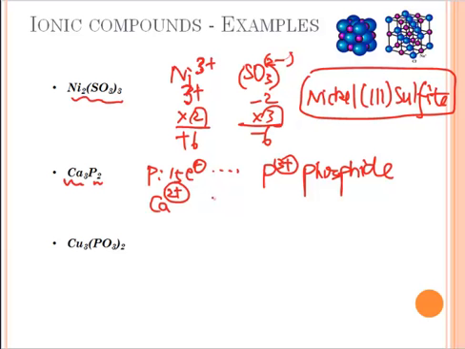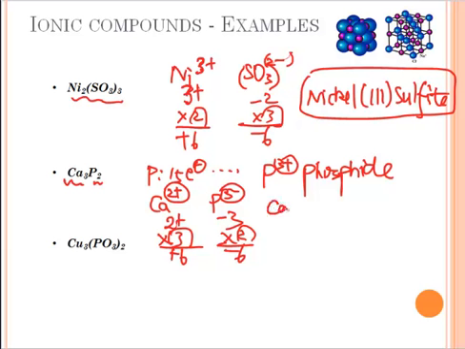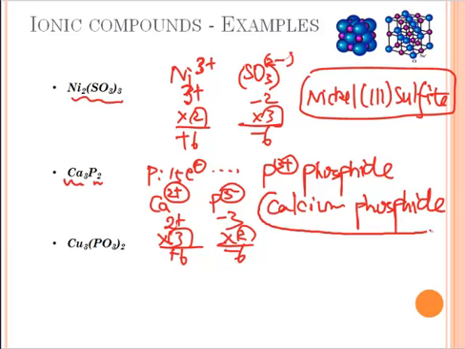It will be 2 plus. Phosphorus will be 3 minus. 2 plus, minus 3, same thing, times 2, minus 6, plus 6. So they cancel each other out, but that's how you'll need those. So this one will be called calcium phosphide. That will be the name for this compound.